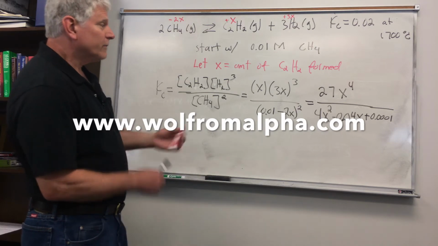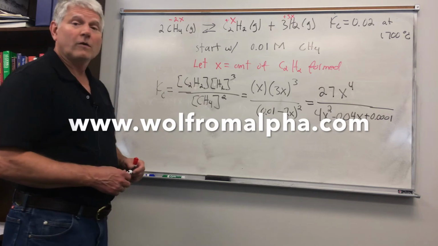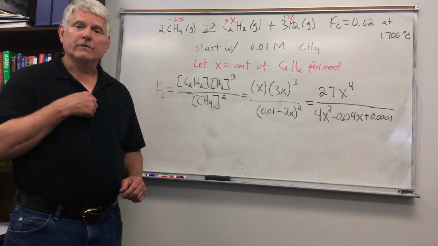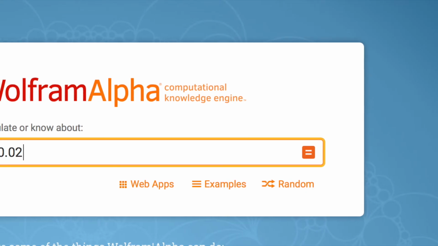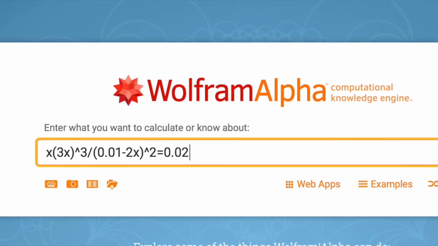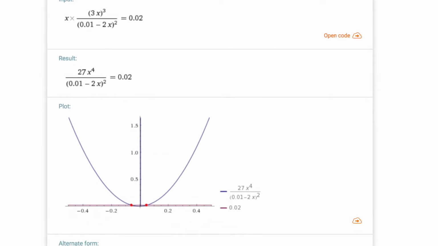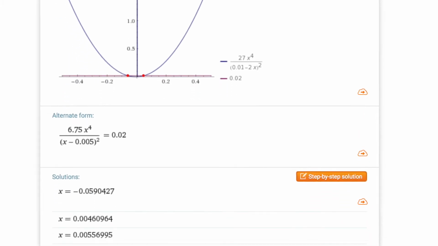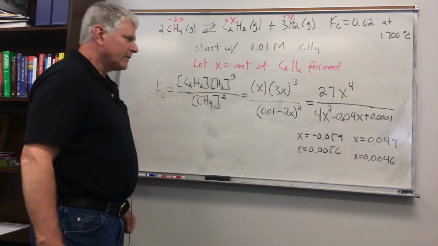So you could just put in this polynomial, set it equal to 0.02, and solve for x. And doing that will give you the following x values. So these are the values of x that I got from my polynomial solver.